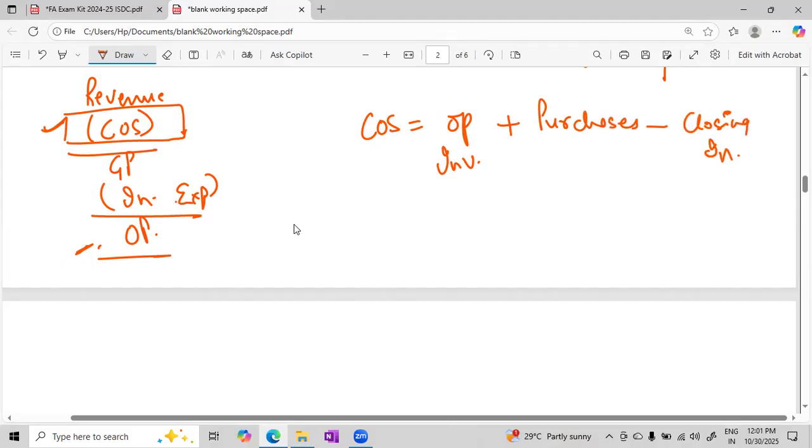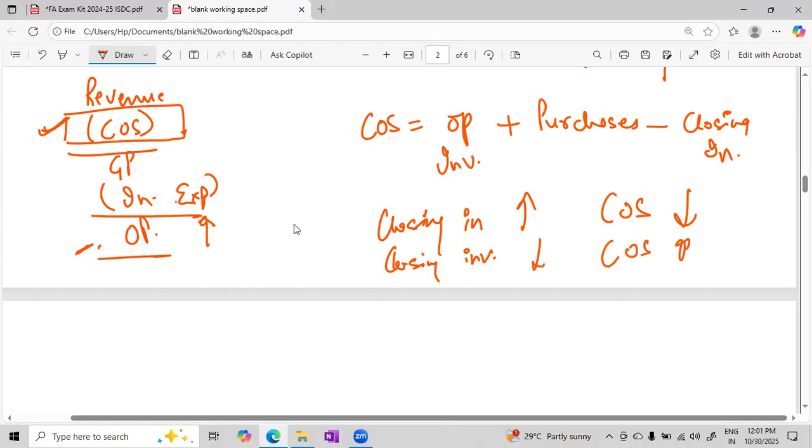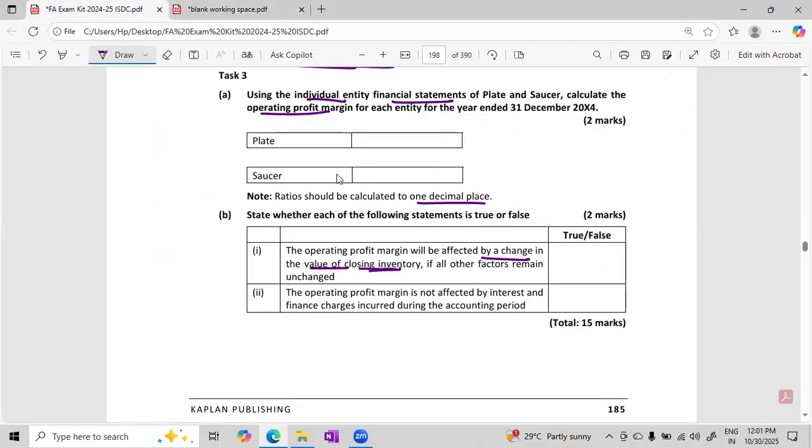So if closing inventory increases, cost of sales would decline, and operating profit would increase. If closing inventory declines, cost of sales would rise, and operating profit would decline. So this statement is true, because if the value of closing inventory changes, operating profit will be affected, either increasing or decreasing.